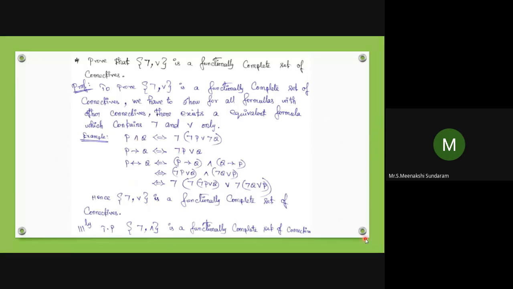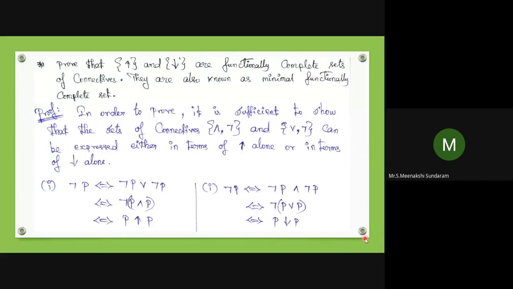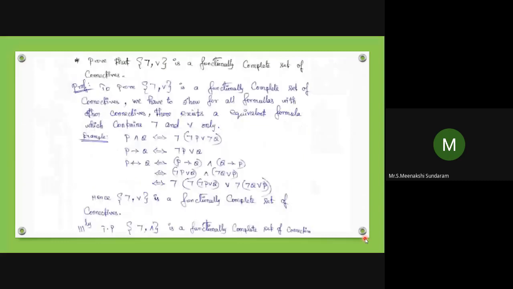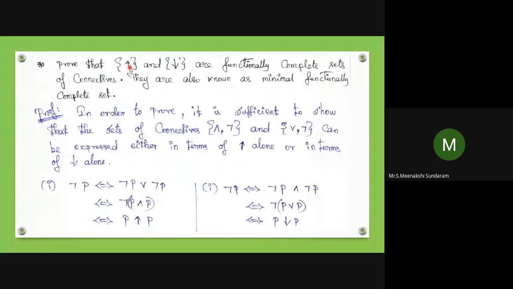And prove that NAND and NOR, upward is NAND, downward is NOR, are functionally complete sets of connectives. They are also known as minimal functionally complete sets, because in the previous ones there are two connectives, negation and disjunction or negation and conjunction, but here there is only one connective, NAND or NOR.